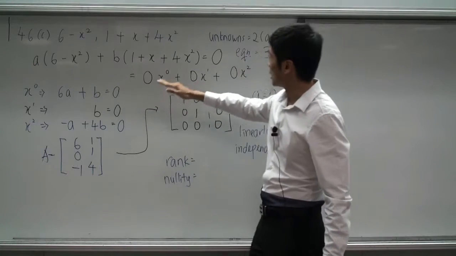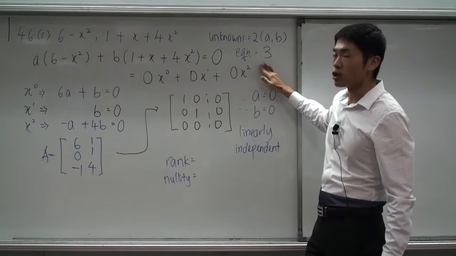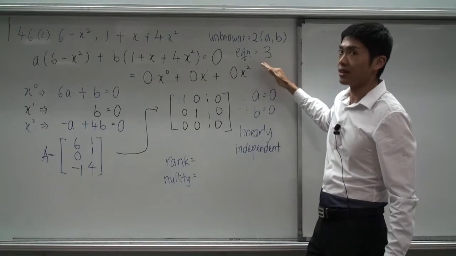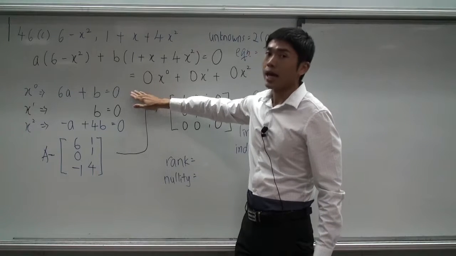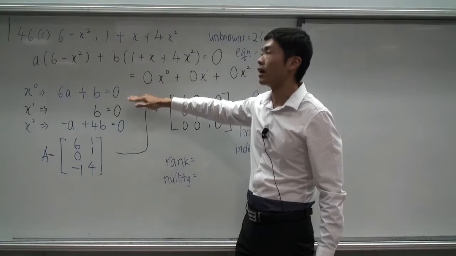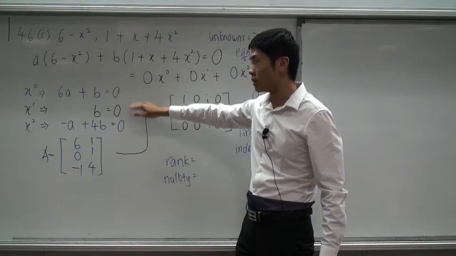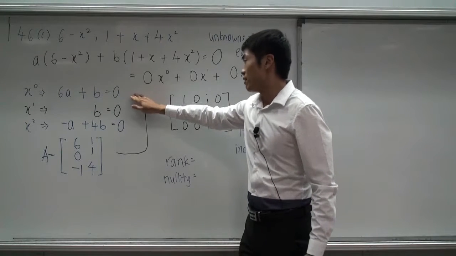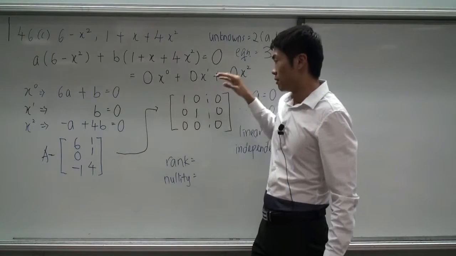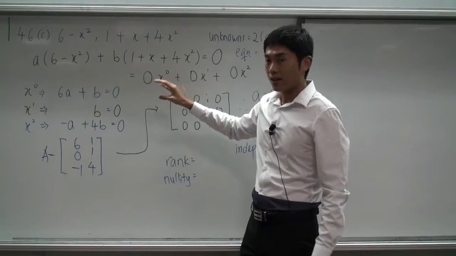So we have one extra equation, and most probably this equation is redundant, which means that one of the equations can be produced or generated from the combination of the other two equations. And I'm going to show you how the row reduced echelon form will prove this assumption.